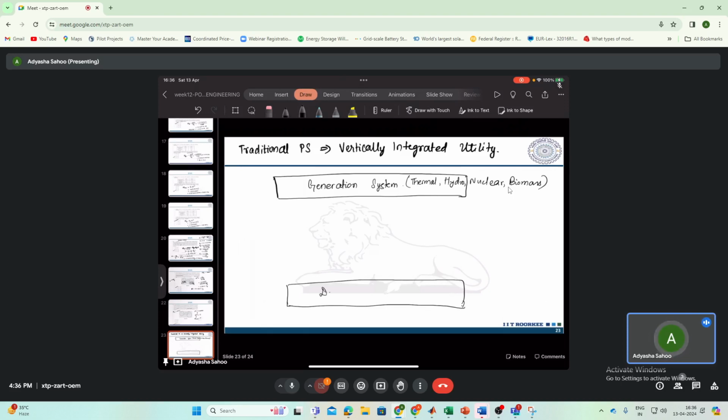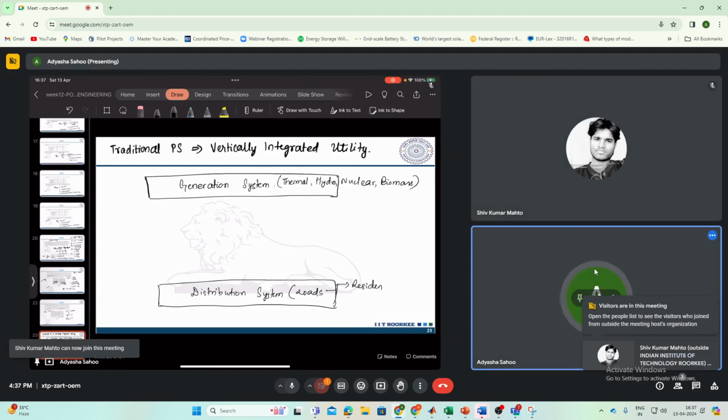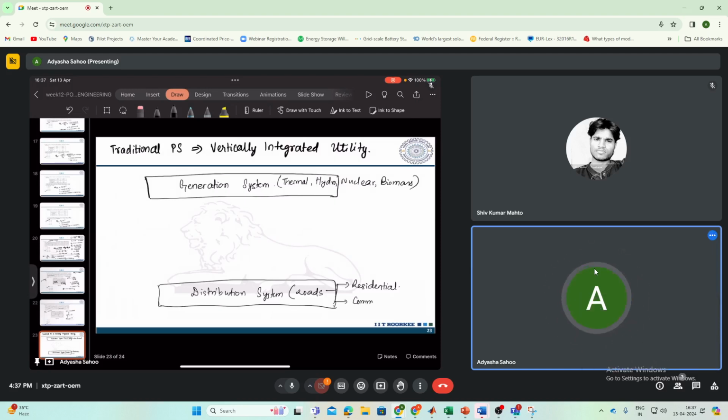And at the receiving end, we had the load. That was your distribution system, and in the distribution system, the loads were connected. There may be your residential load, commercial, official.